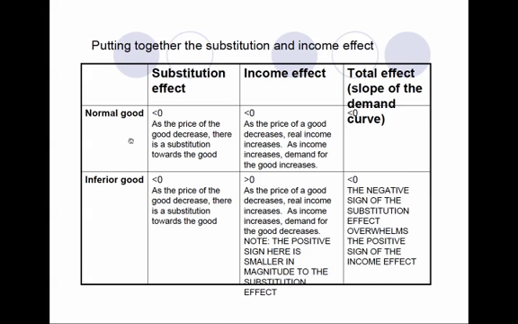In the case of the normal good, the income effect, I'll buy more of it, right? Because if I feel richer, I certainly will buy more of it. But in the case of the inferior good, whereas the substitution effect is always working in this direction, I actually buy less of the good when I feel richer.